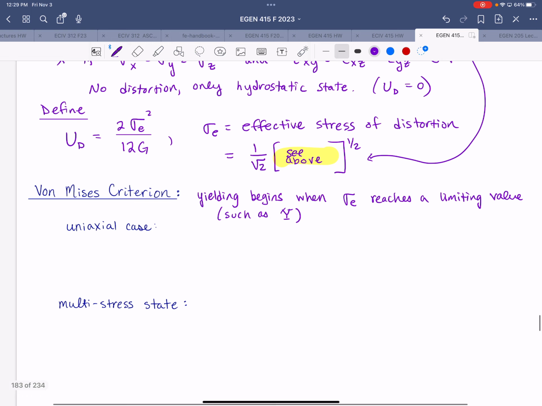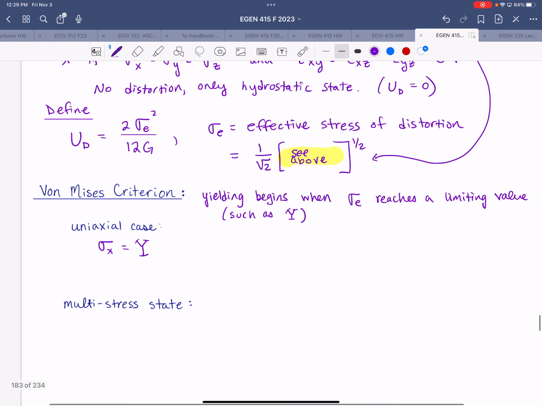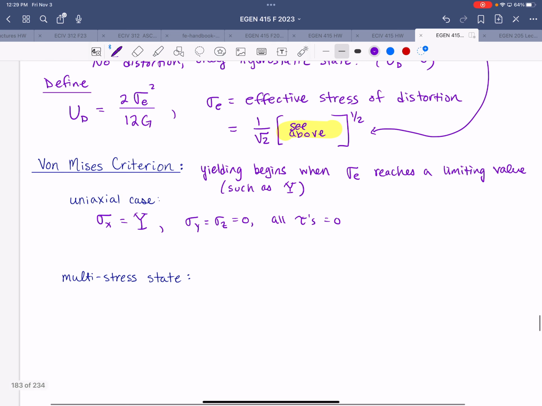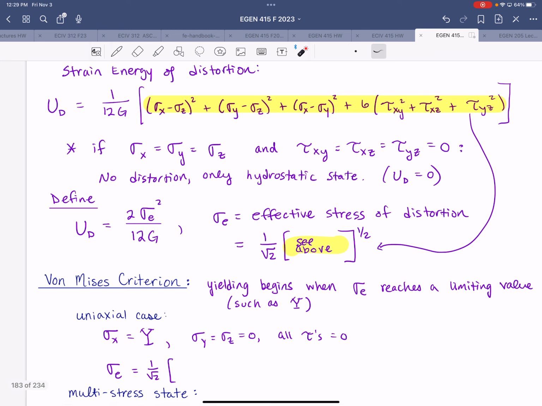All right, so again, we'll start with a simple uniaxial case, where let's say the normal stress in the x direction is the only normal stress that's present. Set that equal to the limiting value. All other stresses are 0. So the effective stress of distortion will just be 1 over the square root of 2 times, if we look at the values inside the brackets, all these terms will be 0 and this term will be 0.